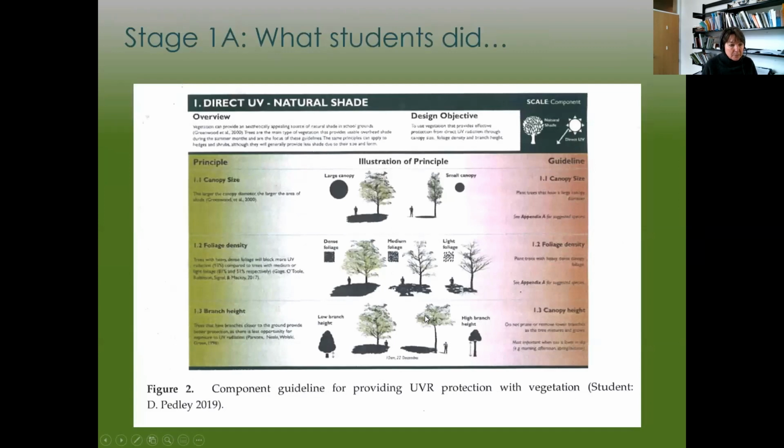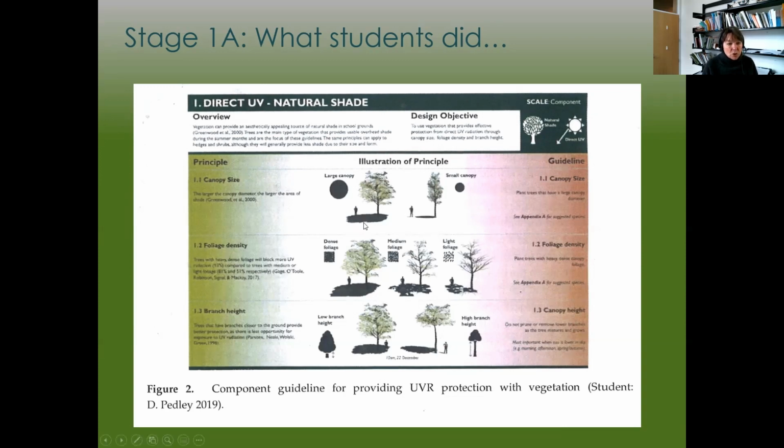And here's an example of one of the pages. This one just deals with natural shade, direct UV. It's got the scale here in the corner. It's the component scale. They're using symbols to help practitioners find the information they need really quickly. It's got the design objective up here so that a designer can say, is this my objective, before reading it?